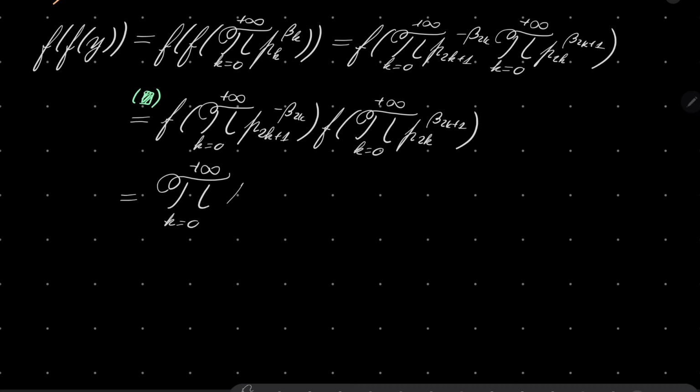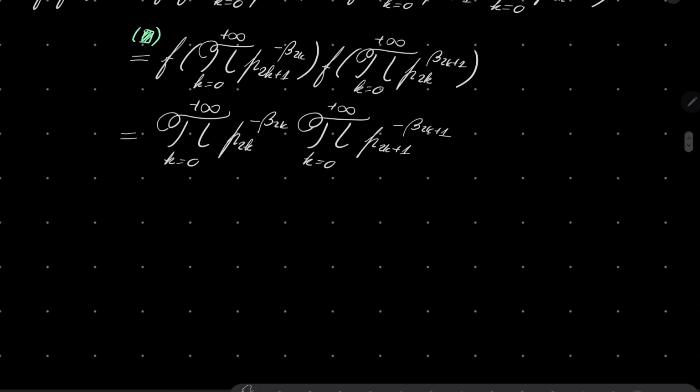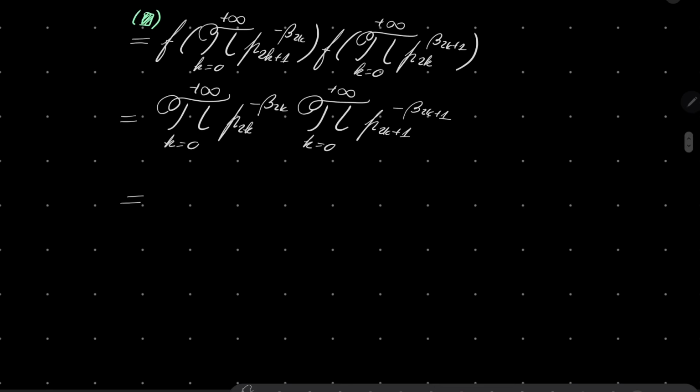So we have p2k to the power minus beta 2k. And what about the second product? In the second product, we have only even indices. So these primes are mapped to the next prime, but we have a negative exponent. And now we can just combine these two products back into one product.